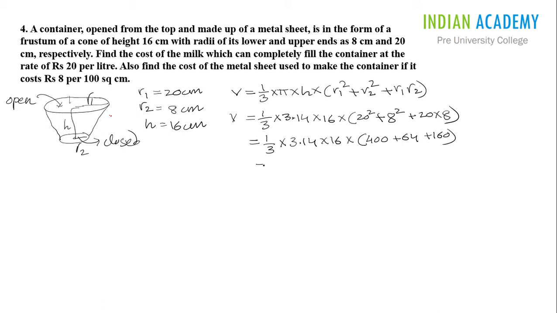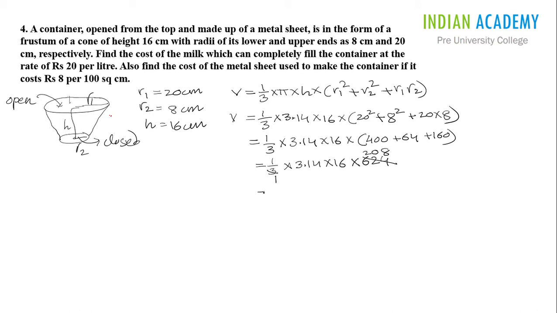Let's open the bracket here. 1 by 3 into 3.14 into 16. Let's calculate what is inside the bracket, and it comes out to be 624. 624 is divisible by 3, so we can cancel down. 3 ones are 3, 3 twos are 6, 3 eights are 24, so we get 208.